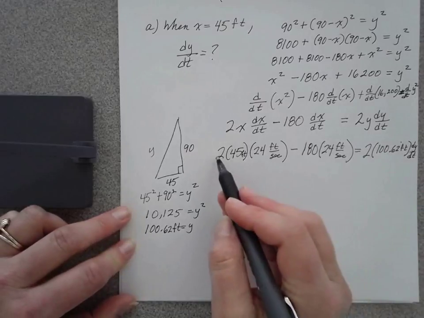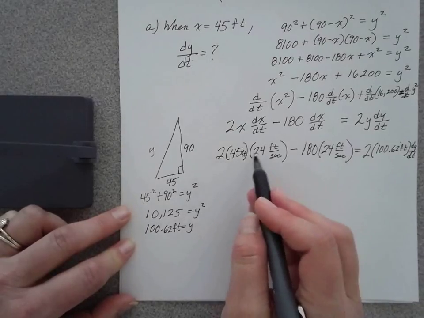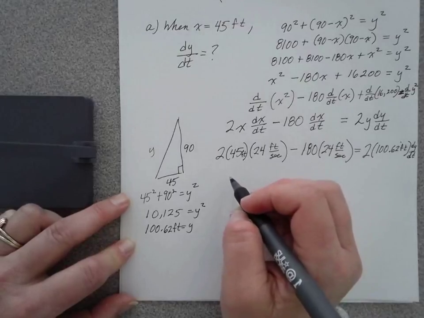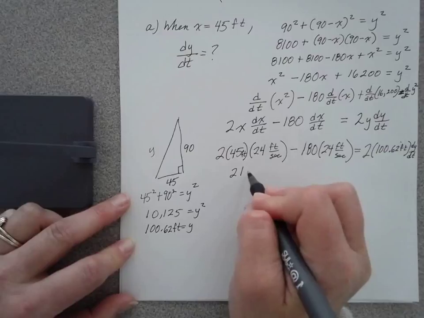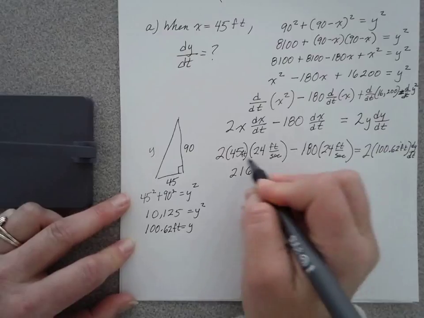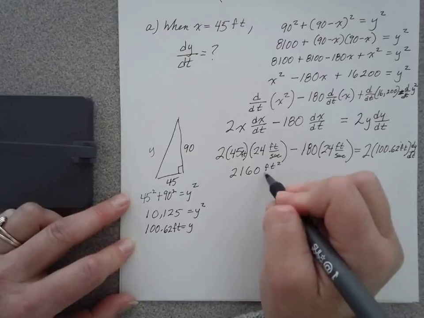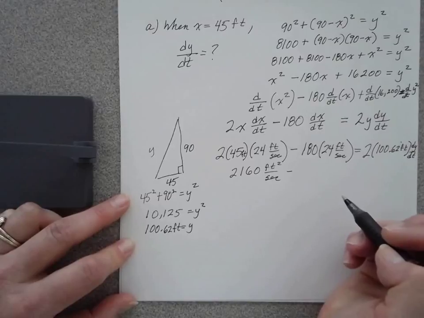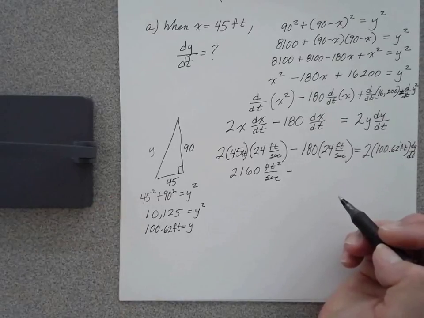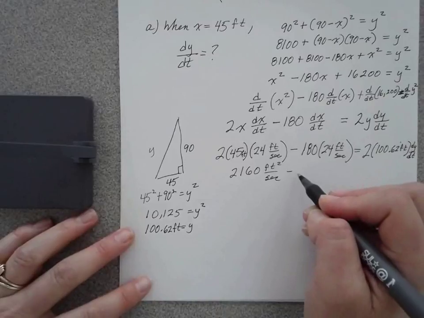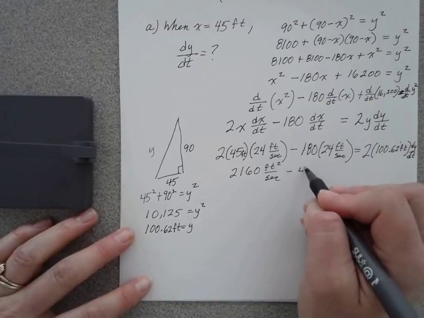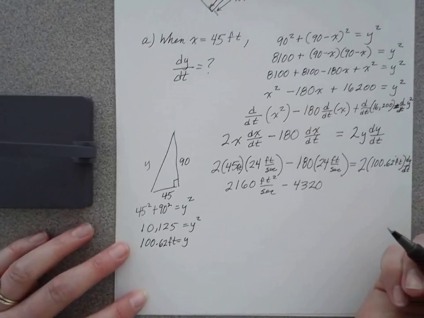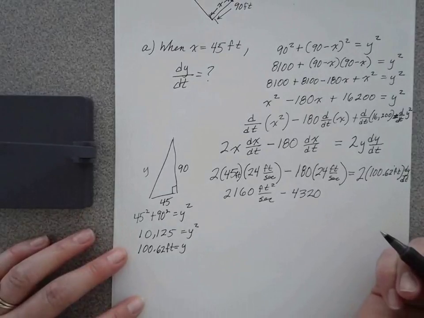All right, so multiply 2 times 45 times 24. 2160. Okay, and that's feet squared per second. Minus 180 times 24. Negative 2160. Oh, we'll make that 4320. 4320. Okay. Should that be feet squared per second?